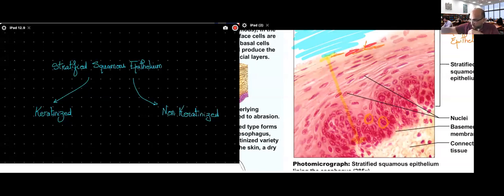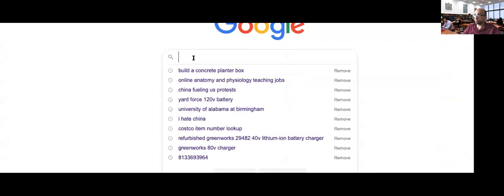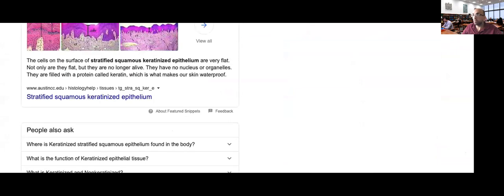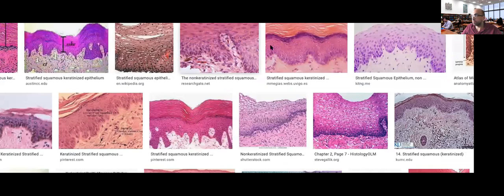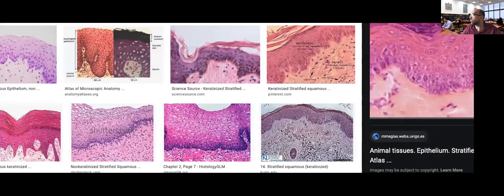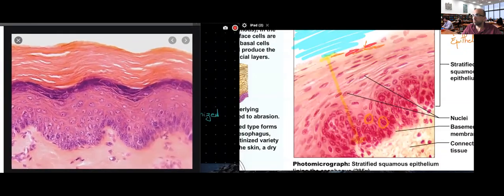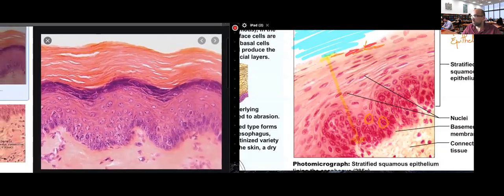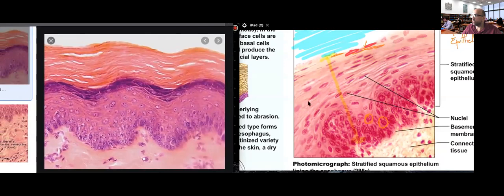Let me pull up a picture. What do you see as a difference between this one and this one?